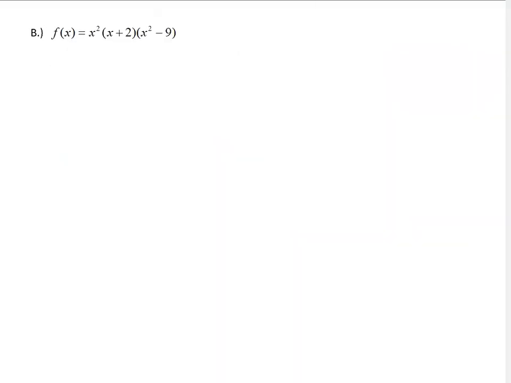Okay, let's take a look at our next example. Again, we're going to find the zeros, so we replace f of x with 0. We have x squared times x plus 2. And if you notice at the end, we have a difference of squares, so that factors into our conjugates x plus 3 and x minus 3.